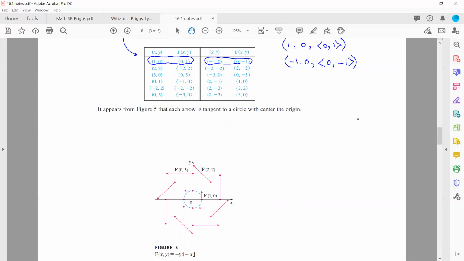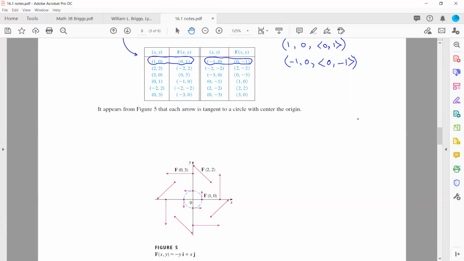This function takes 0 and 1, the second point, and maps it to -1 and 0. So as you can see, the direction is to the left-hand side. This function takes, for example, -1 and 0, and maps it to 0, -1 as a vector.